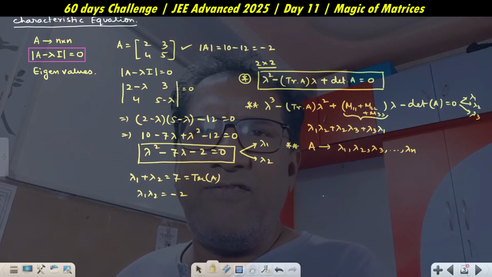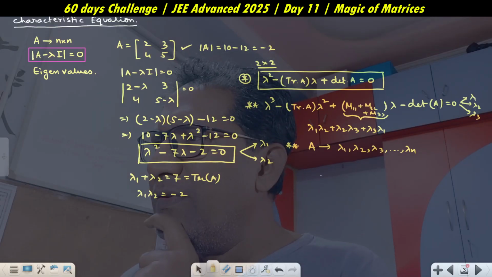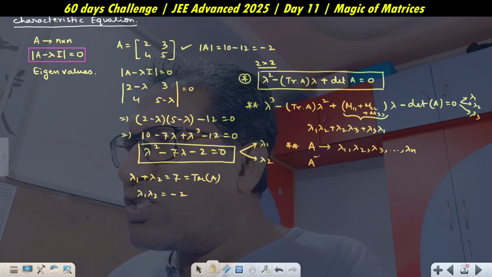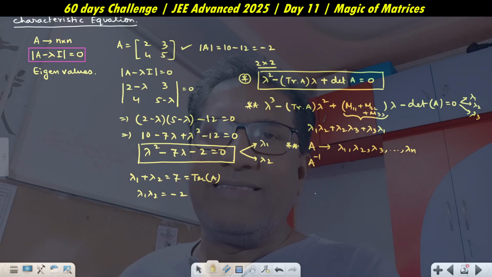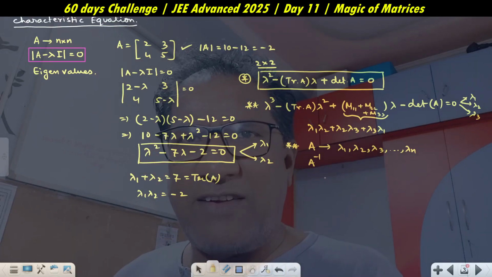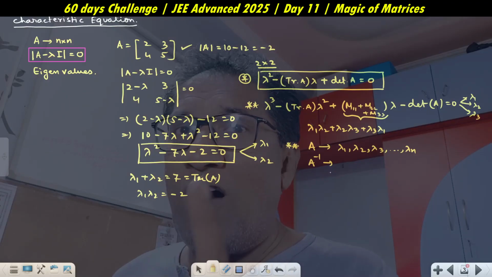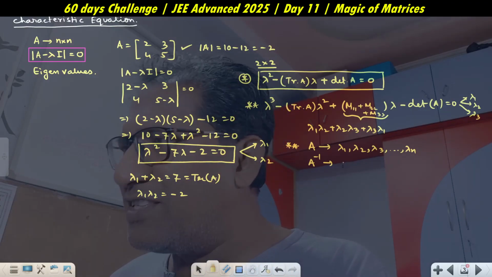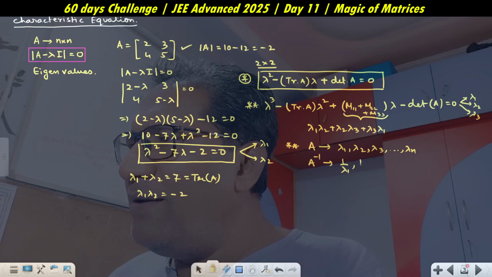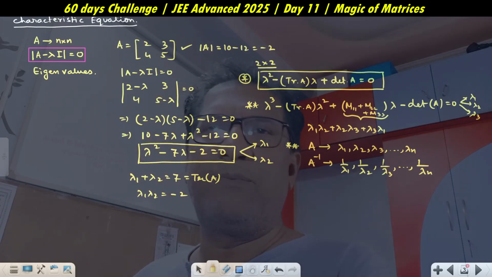So we are having n eigenvalues of that characteristic equation. Now, for the inverse of that matrix, the roots of the characteristic equation are 1 by lambda 1, 1 by lambda 2, 1 by lambda 3 and so on up to 1 by lambda n.